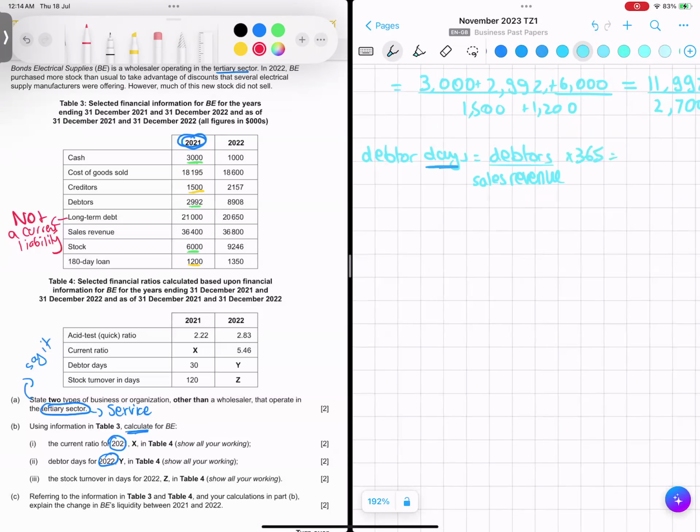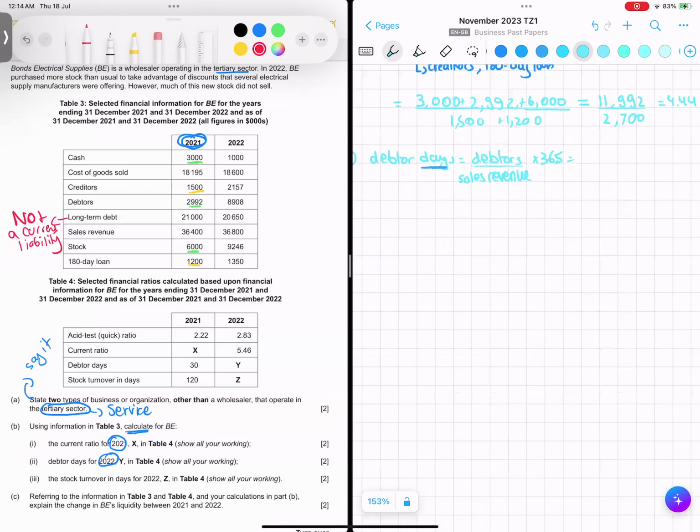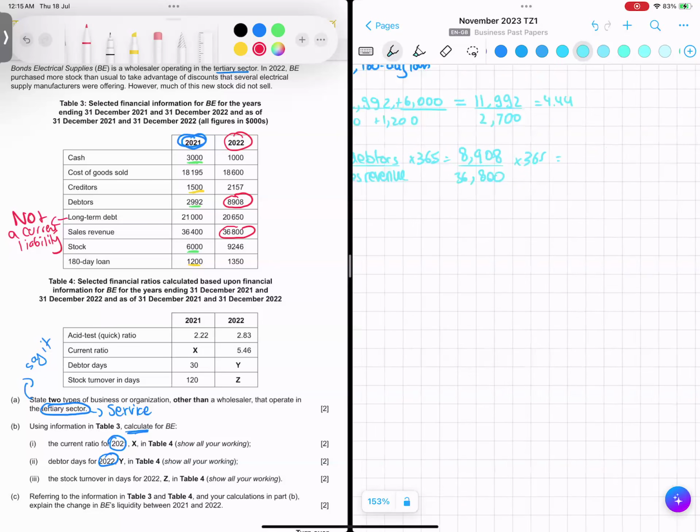So what we end up doing is putting 8,908 because this is the amount of debtors we have in 2022, over 36,800, which is our sales revenue in 2022, times 365. Now I will just put in my calculations.